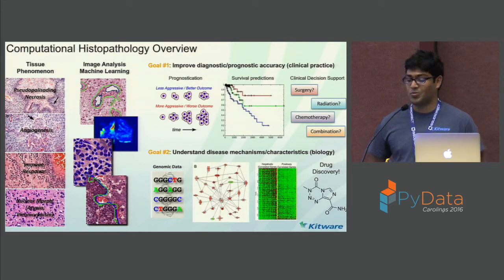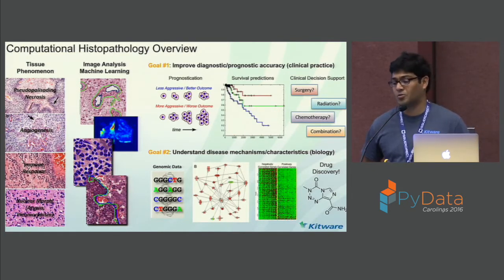And then there are two goals. One goal is to take these imaging biomarkers or features extracted from these images and correlate them with clinical survival data or clinical event data to build survival models to tell how aggressive the disease is or how long the patient will survive. With that, you can build decision support tools to recommend what kind of treatment the patient should go through.